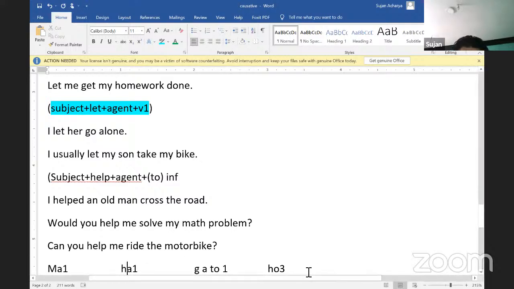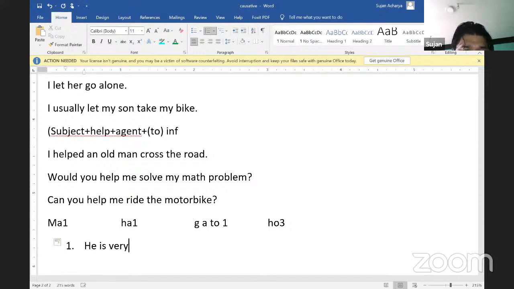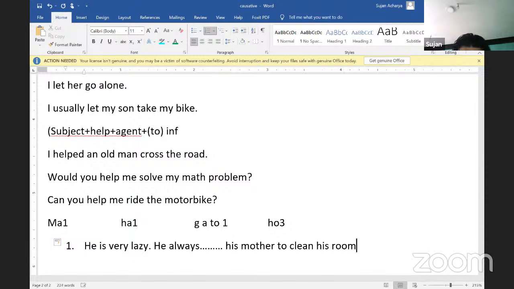And the question will be asked like this. Let's do a few exercises. He is very lazy. He always blank his mother to clean his room.